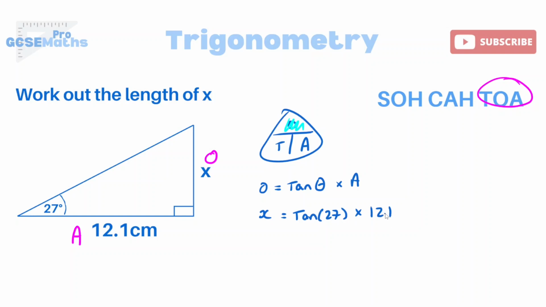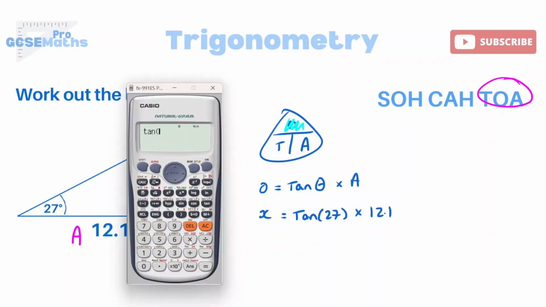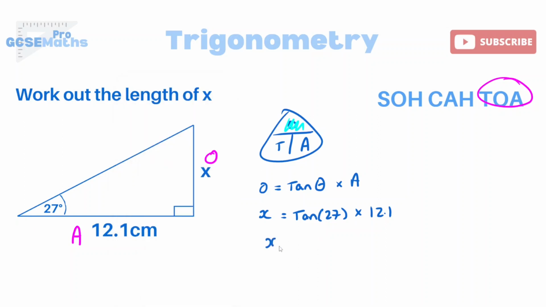And that's what goes in my calculator. So tan of 27, again, close the bracket, times 12.1 is 6.2 this time. For some reason they're all 6 point something, that's just a fluke. So again, centimetres because it is a side. That's our answer. That's the basis of basic trigonometry, so trigonometry based on right-angled triangles and SOH CAH TOA.